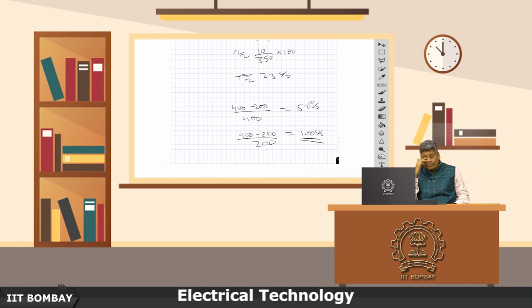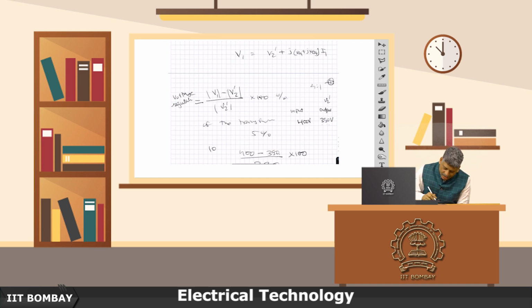Now, what is more serious? The gravity of the problem becomes more apparent when you use the actual voltage output in the denominator. As much as is the voltage, so much has been the drop. This is not seen when you say 50%, but when you use the denominator as 200 volts, you are saying that as much as is the output voltage, so much, 100%, is the drop in the series winding, and this conveys the gravity of the problem more clearly.